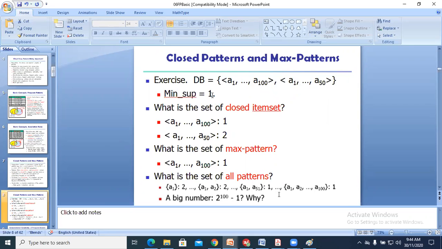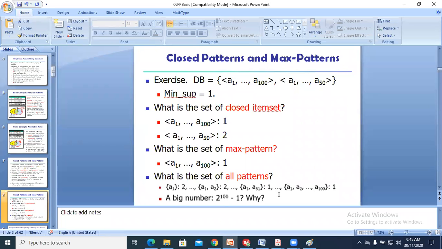The minimum support criteria for this is 1. So how could we find the closed item sets? The closed item set is based on how many times the customer purchased A1 to A100 products. He purchased 100 products just one time. So there is only one transaction in which the 100 products were purchased.